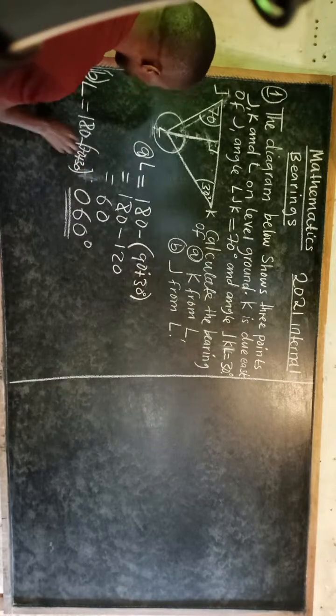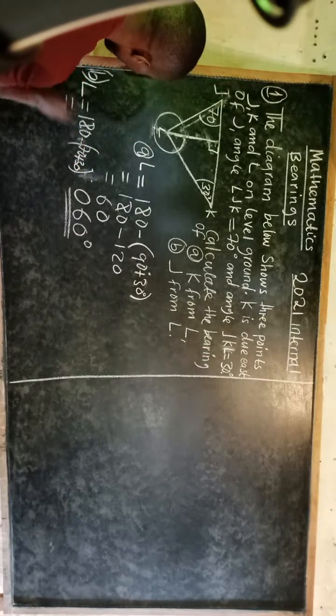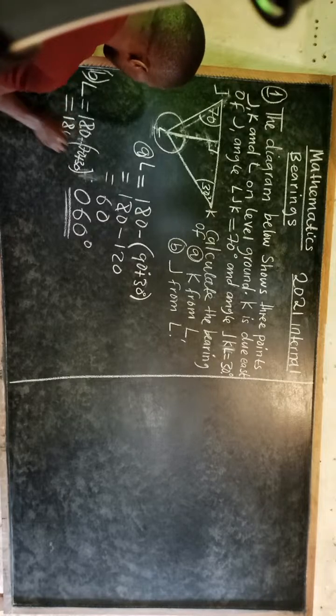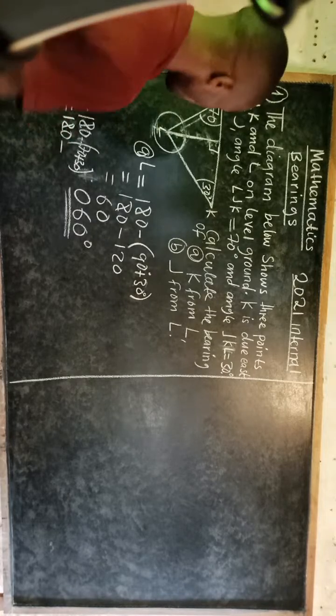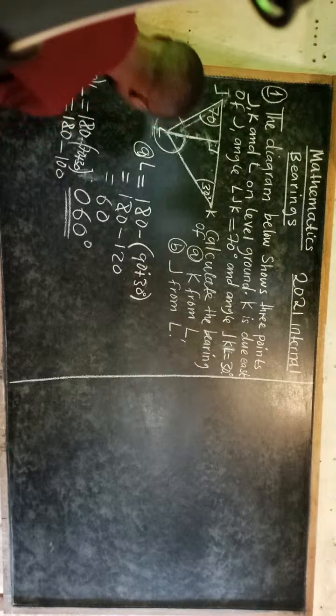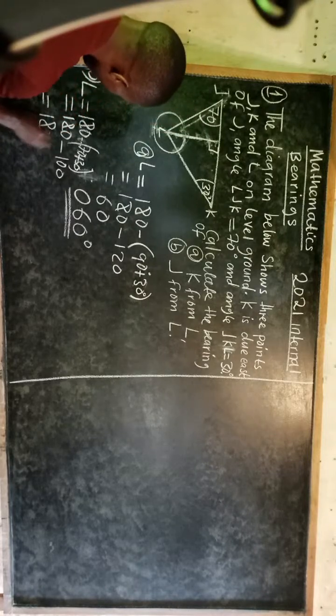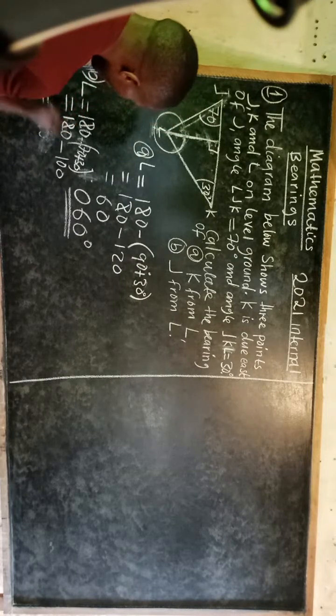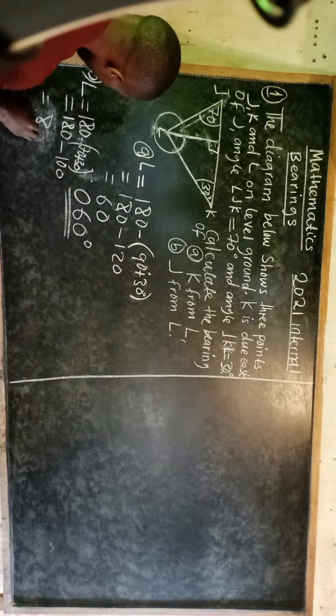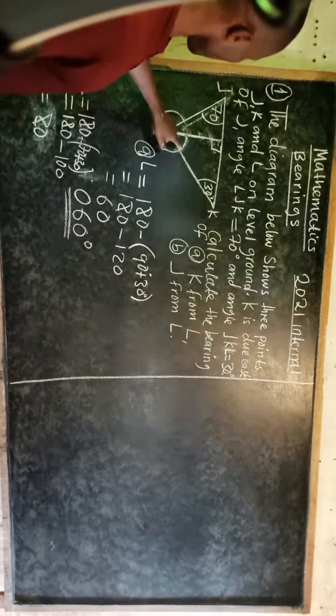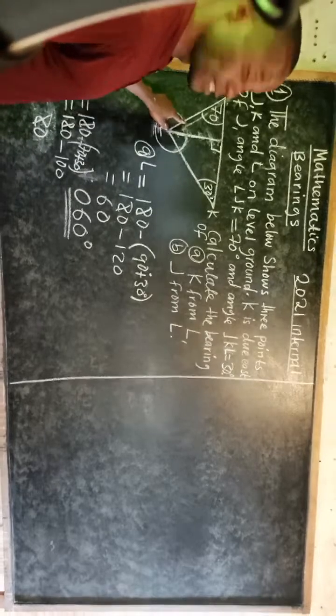Okay? 70 plus 30 is 100. So now 180 minus 100, the answer is 80. So this angle from here up to there is 80.